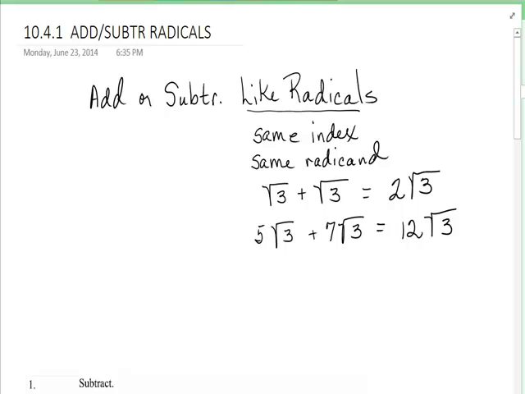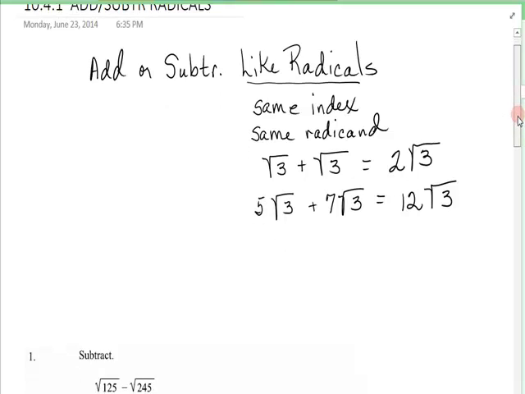So you can only combine those that are like radicals. Now, if they're not like radicals, it could be that if you simplify them, they will become like radicals. So let's take a look at some problems.